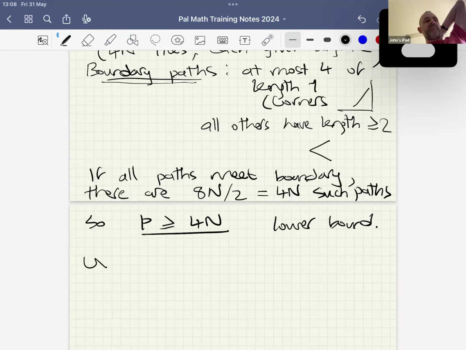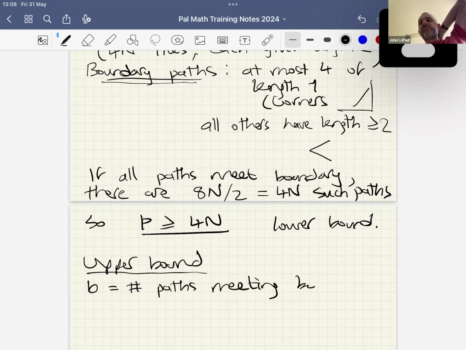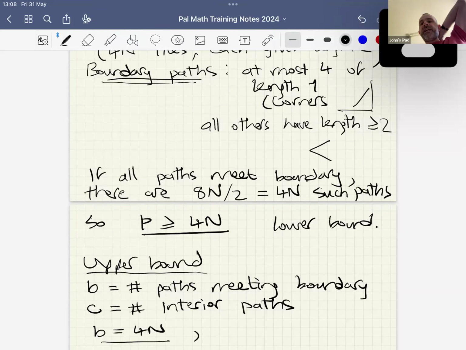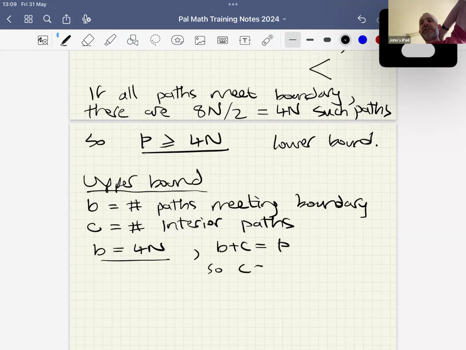For the upper bound, we take B to be the number of paths meeting the boundary, and I'm going to call C the number of interior paths. So on the one hand, B is 4n from the argument above. B plus C is the total number of paths, so C is p minus B, which is p minus 4n.